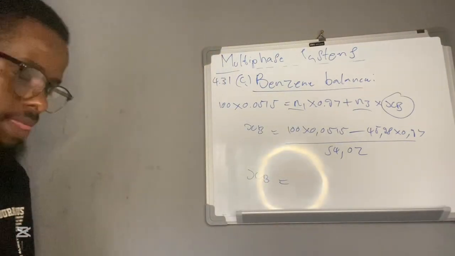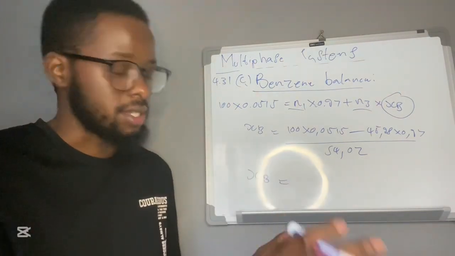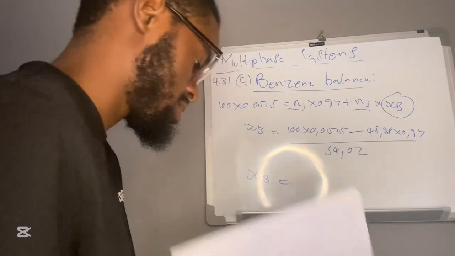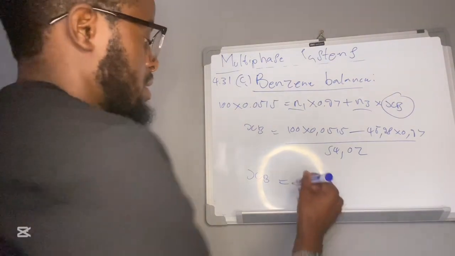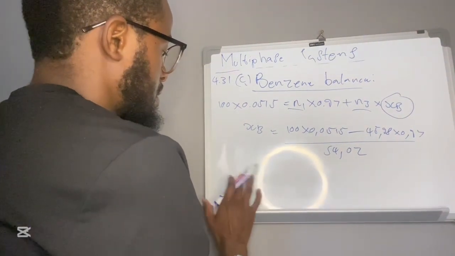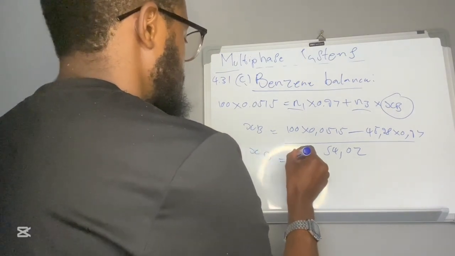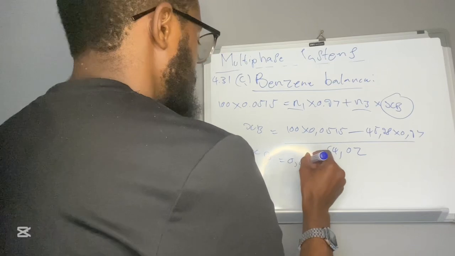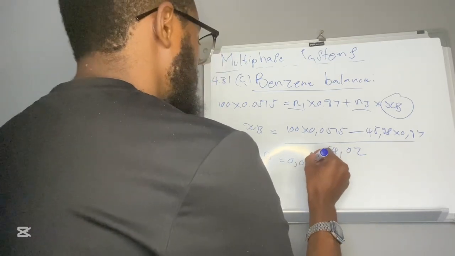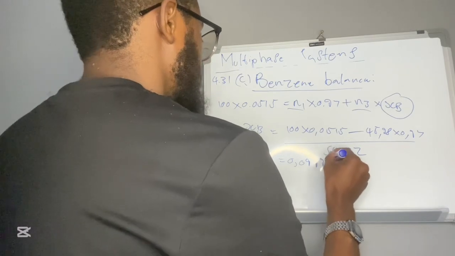As I have already done this in the morning, XP was 0.0995 mole benzene per mole.